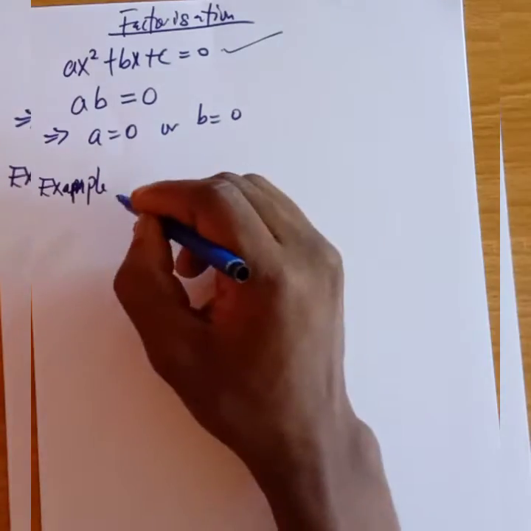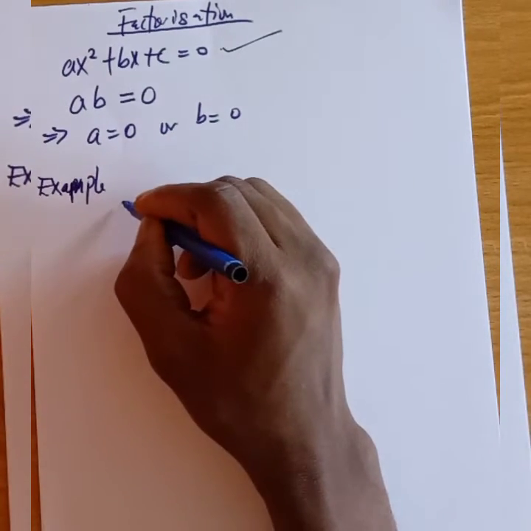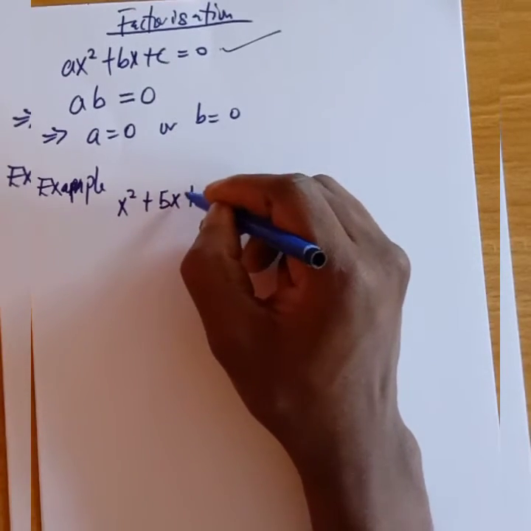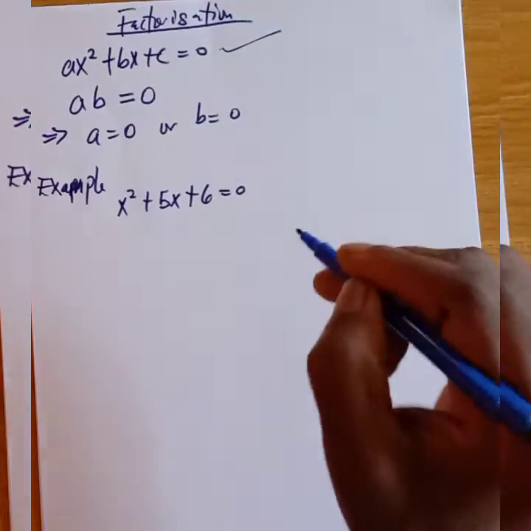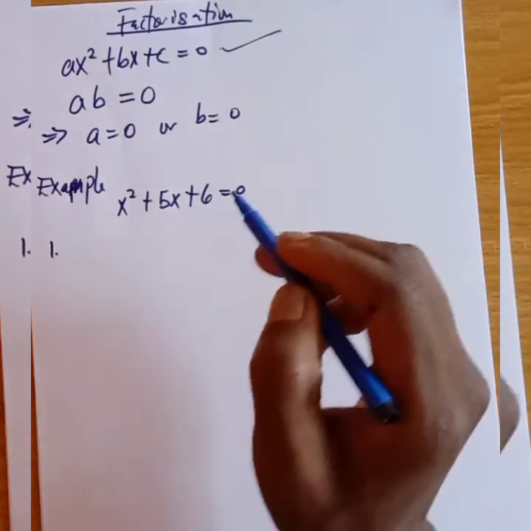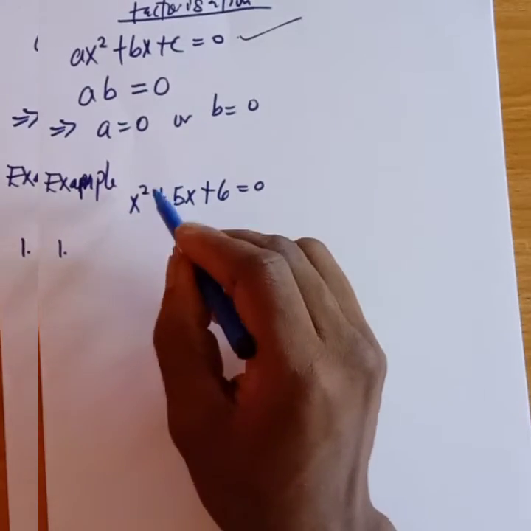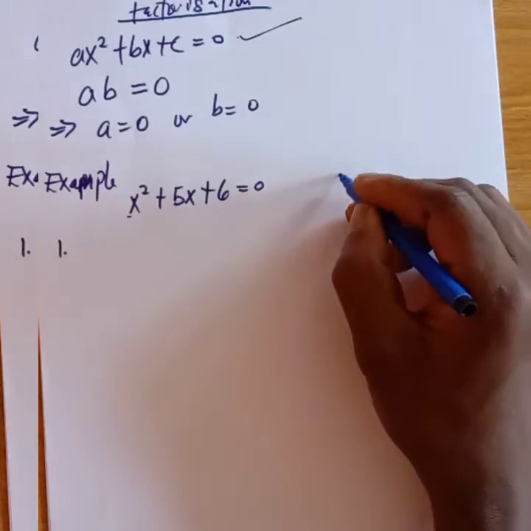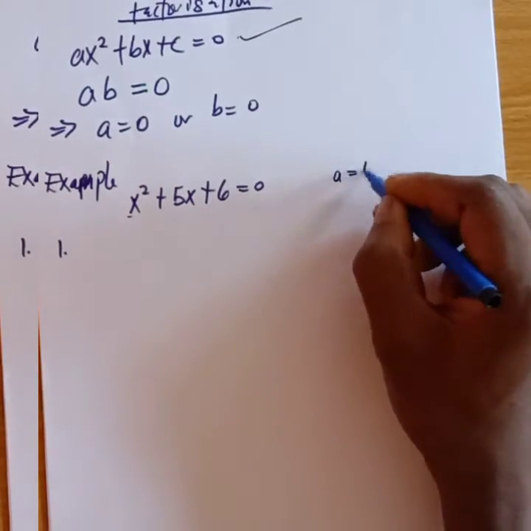So let's try with this example. Let us factorize x squared plus 5x plus 6 equals 0. Now, the first step is to look at the coefficient of the quadratic term. What's my a in this case? That a is 1.